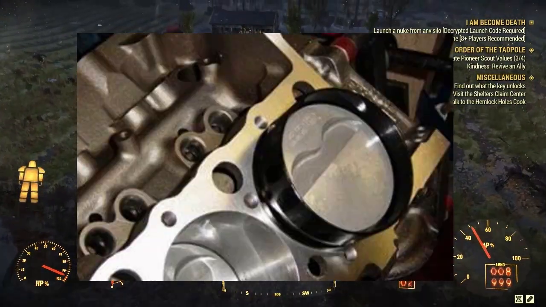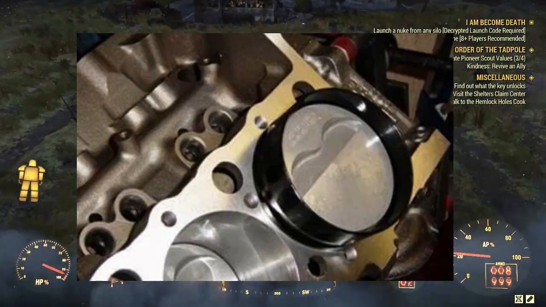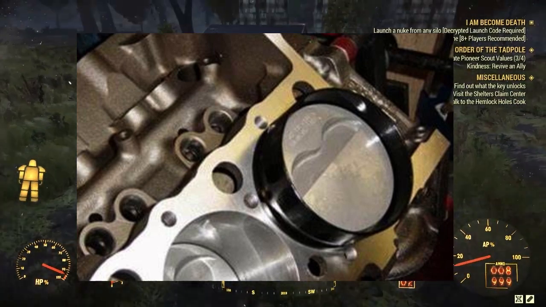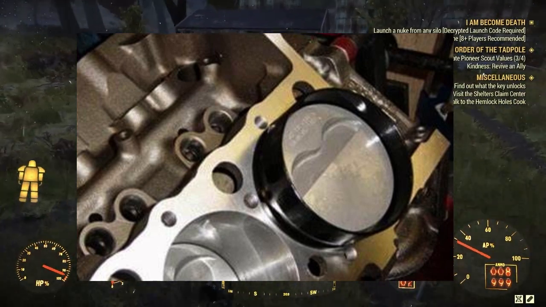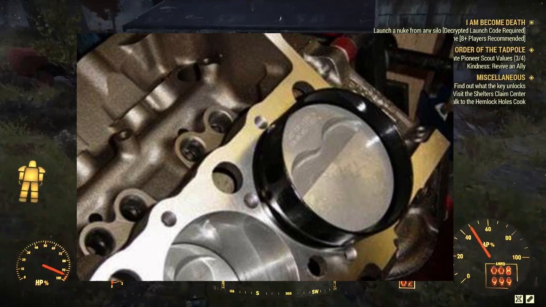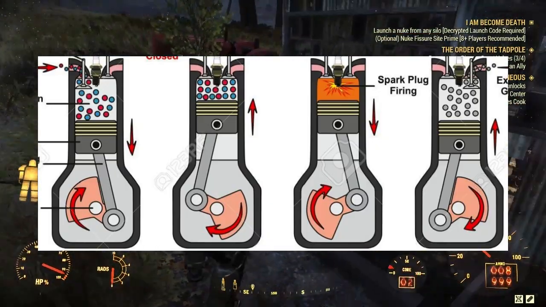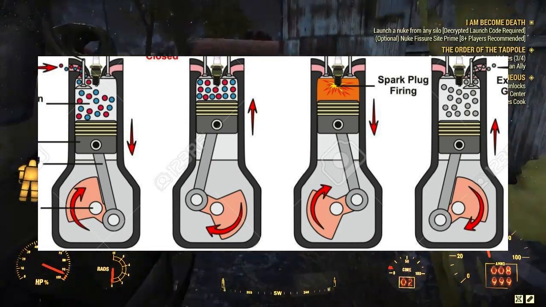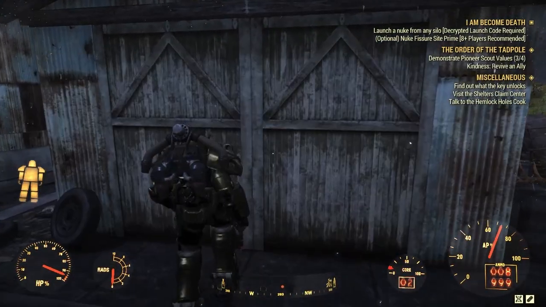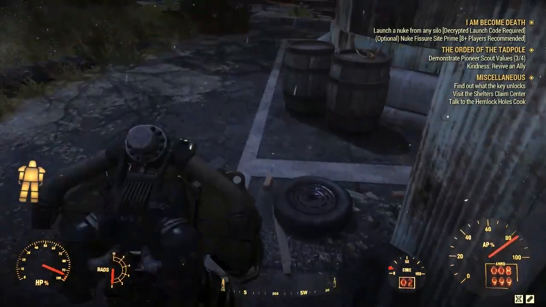So what the rings do is they fill that little gap so that it's not too hard to push them in, but they can still allow the piston to travel up and down. That is the purpose of the piston rings.